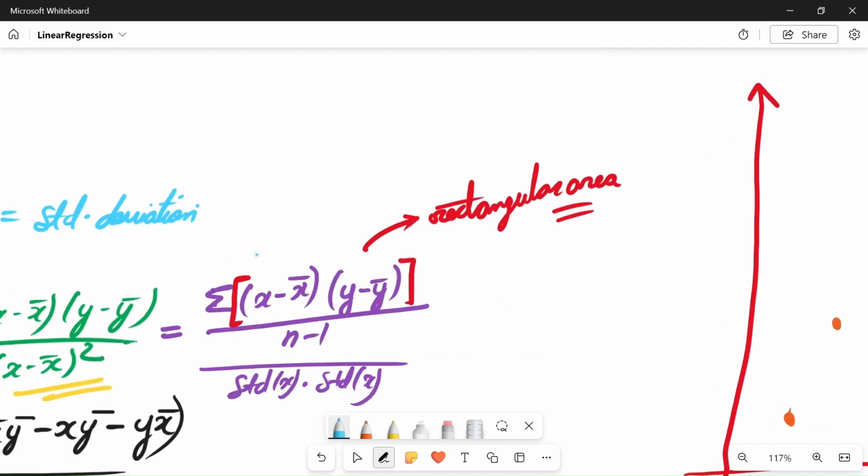The first thing is, here some transformation is being performed.